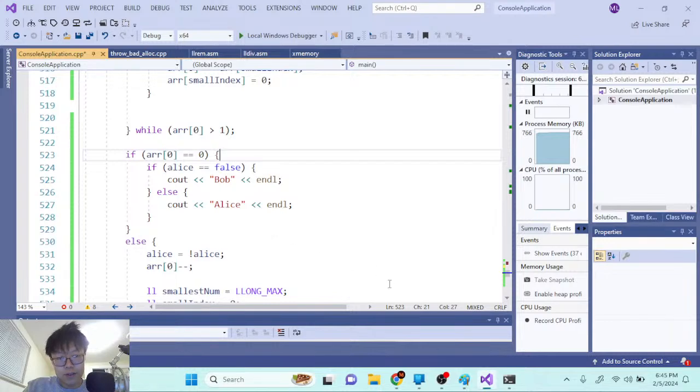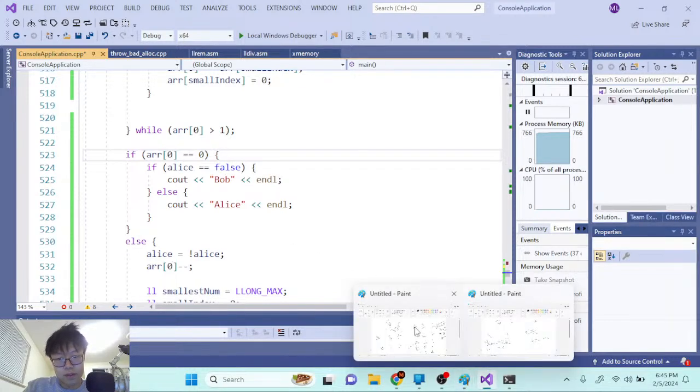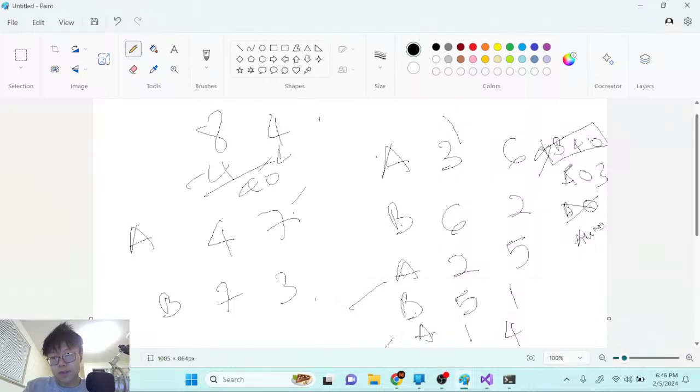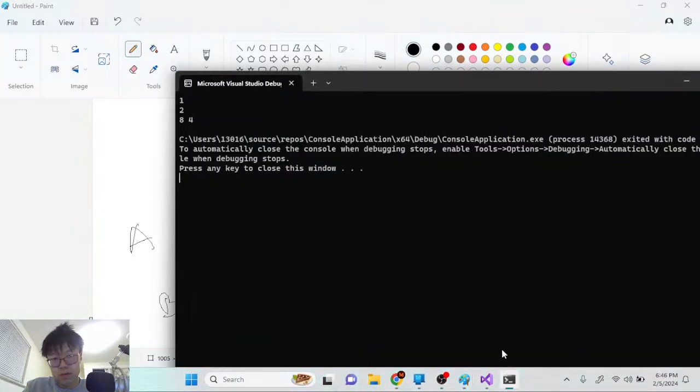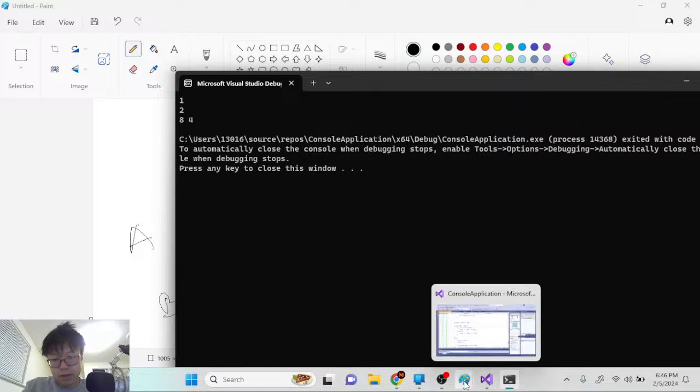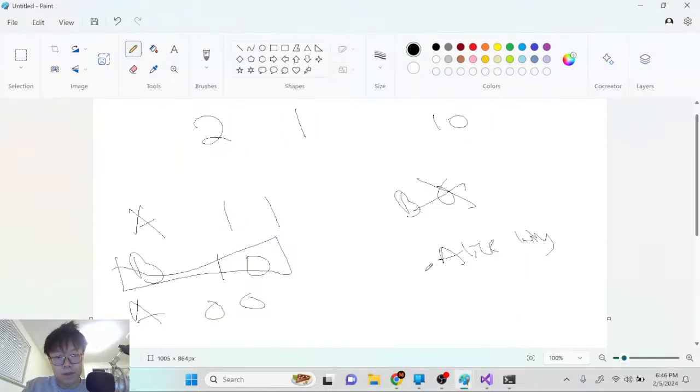Once we reach the level after this, if you reach 0, right? So once we reach the situation here, let me think.